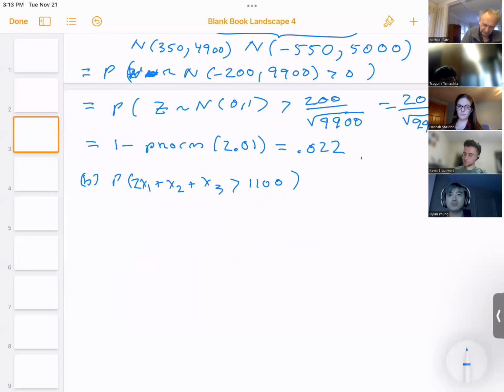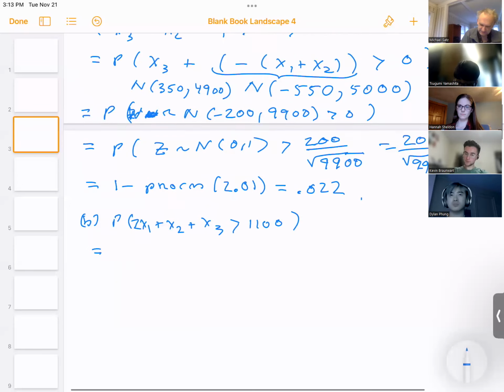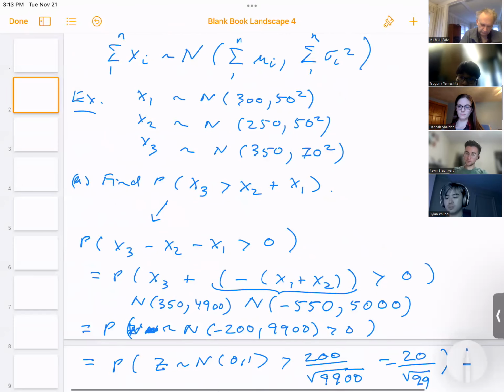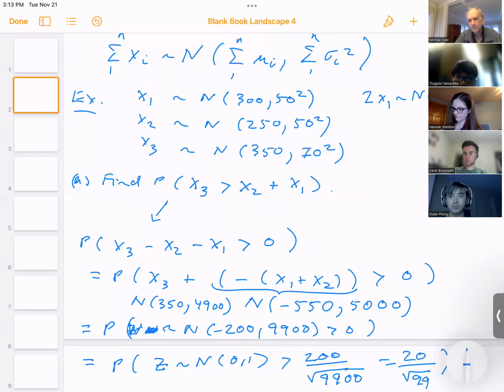So this is equal to, what are the parameters of the first one? Oh, we need to see it again. So 350 squared. So what's 2x1? Let's just write 2x1 here. What's the new mean? $900. 2x1, x1 is 300, right?